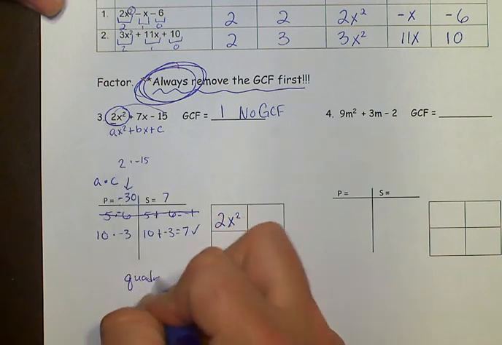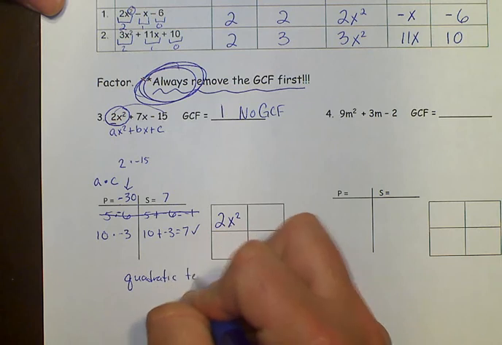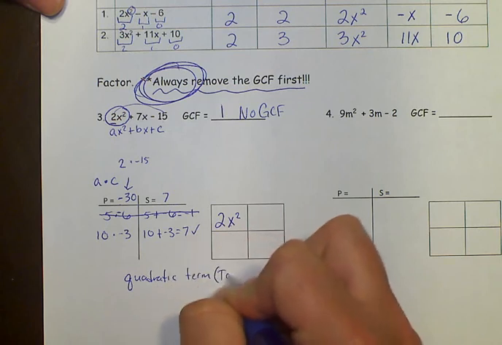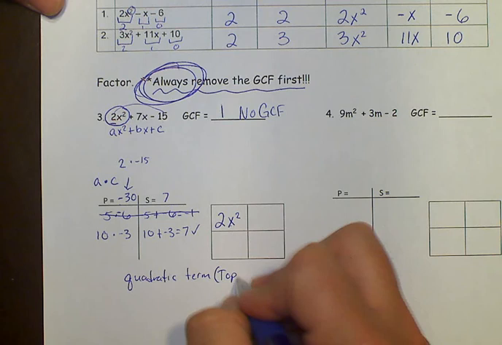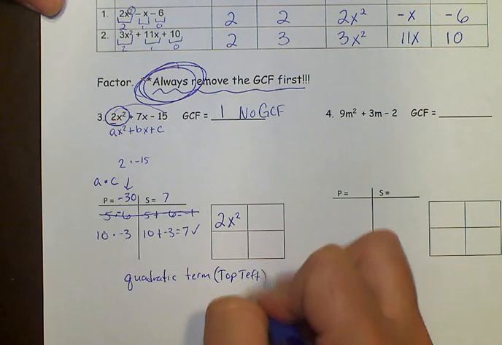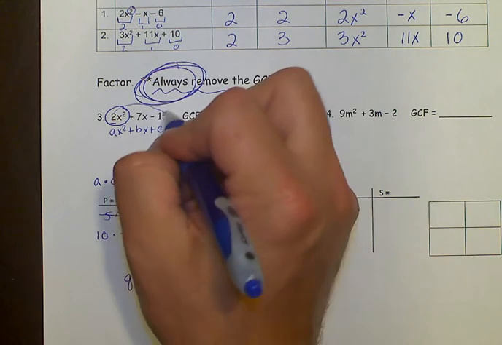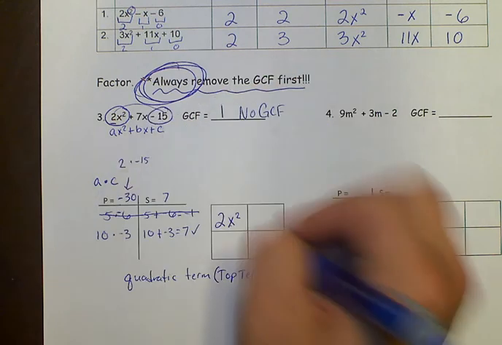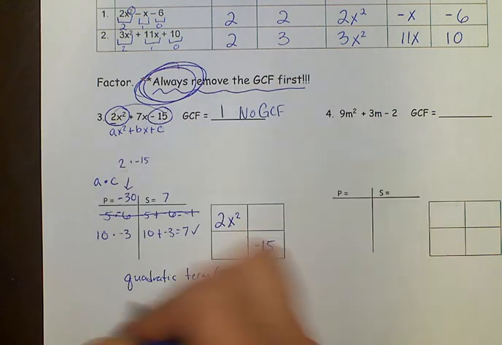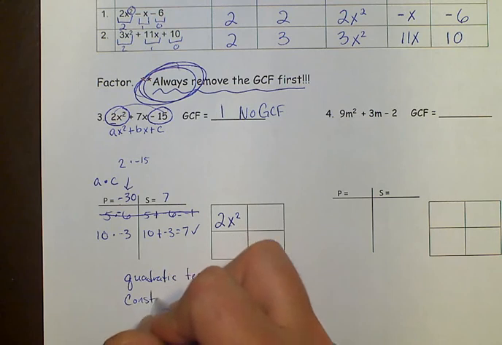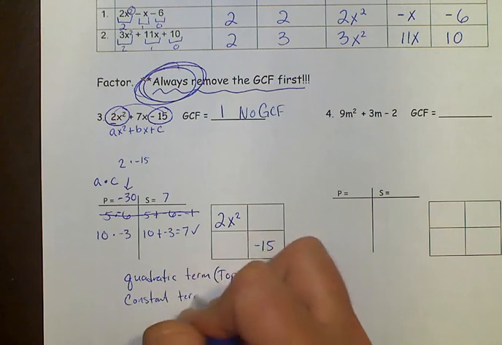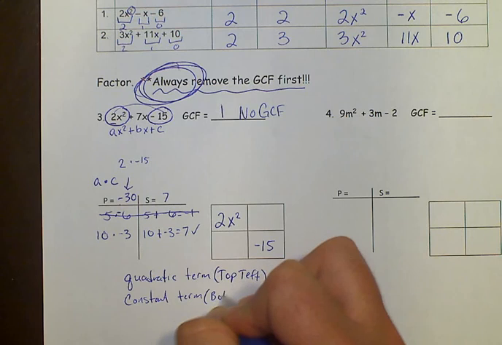What goes in the bottom right? My constant term. So negative 15. Constant term, bottom right.